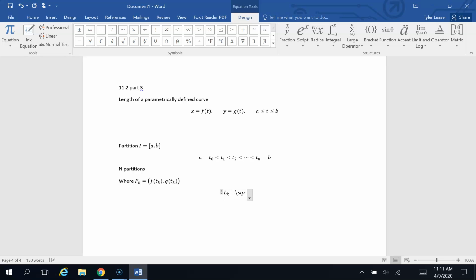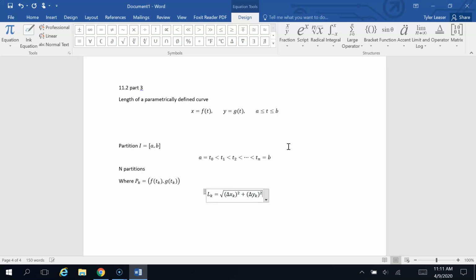And to do that, we're going to use the Pythagorean identity, or the distance formula you can think of. So that's going to be delta x sub k squared plus delta y sub k squared.